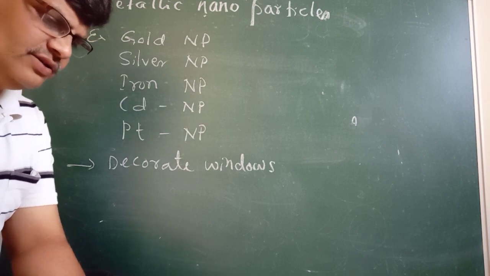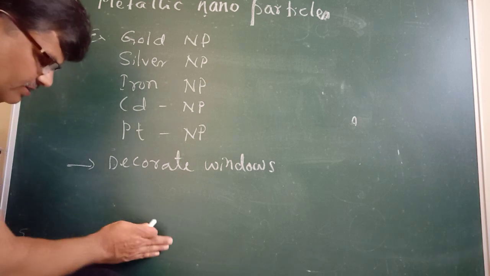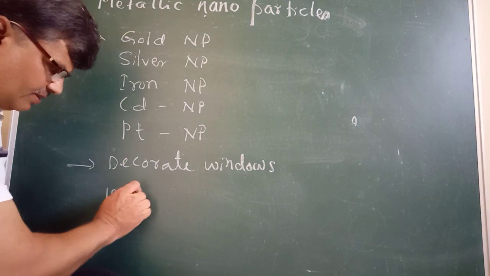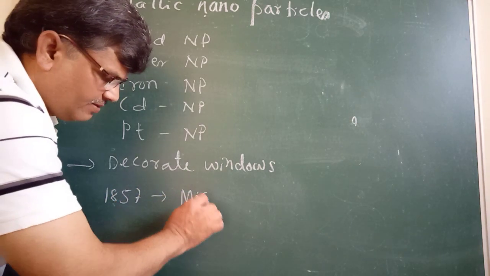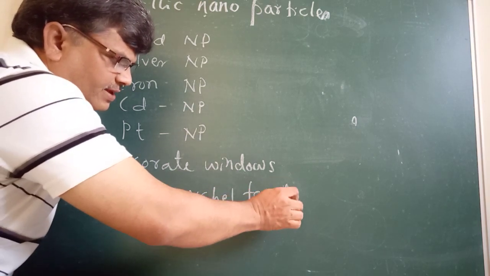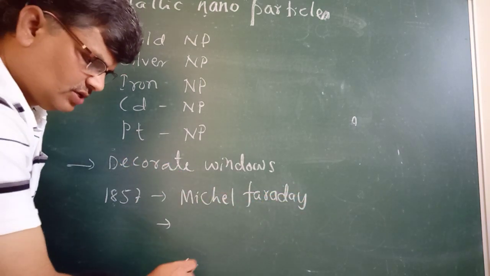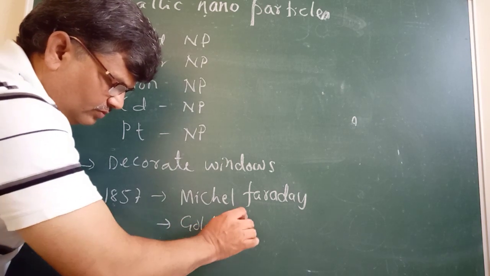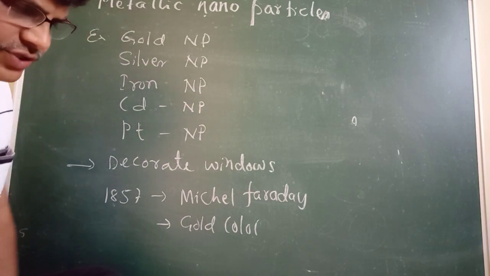Later in 1857, Michael Faraday prepared what? Gold colloid.